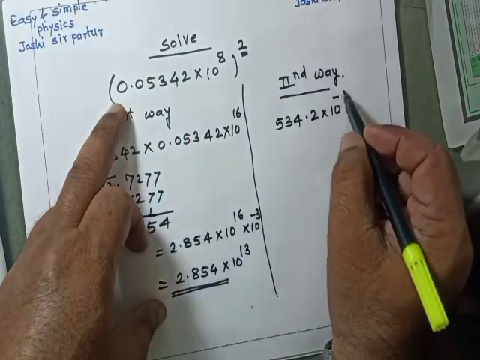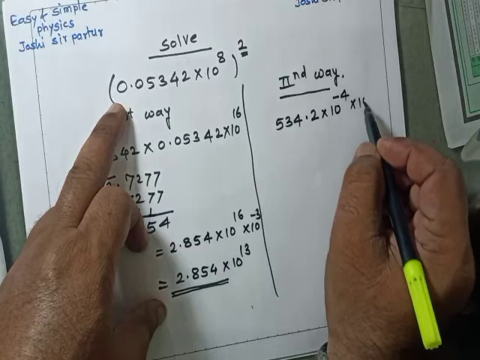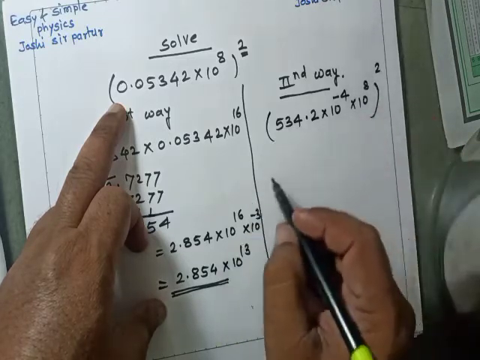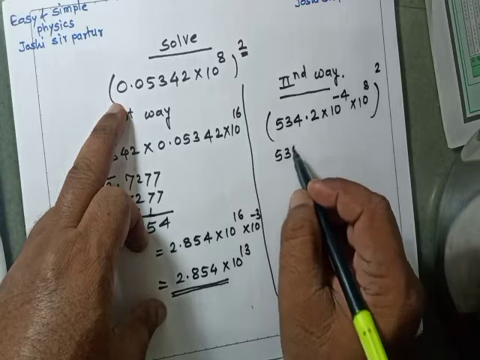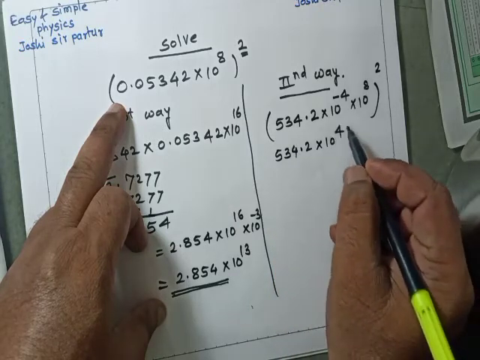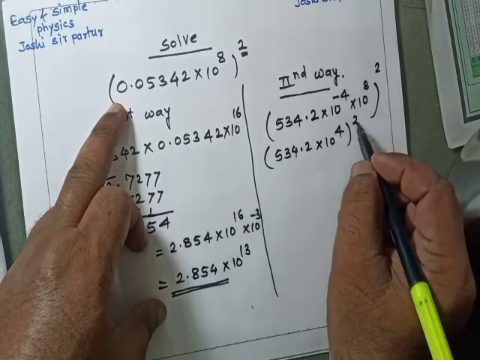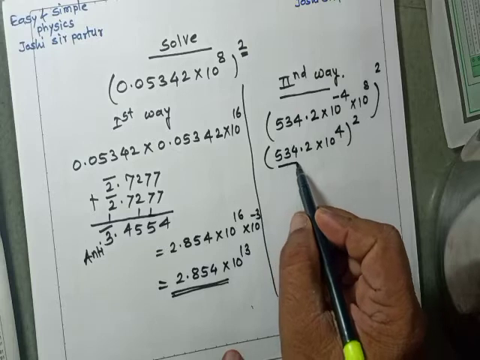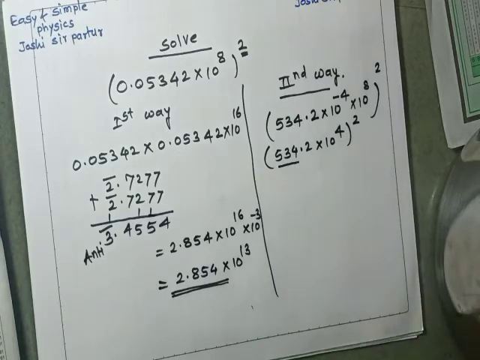So 10 to the power minus 4 into 10 to the power 8 bracket square. Here we can write 534.2 into 10 to the power 4, that square. Okay, so we can only see the 3 digits. The fourth digit can be negligible.